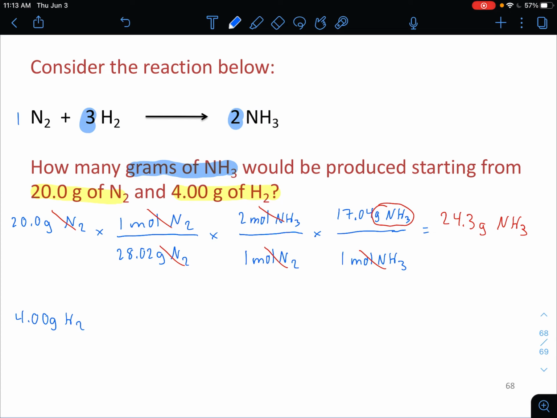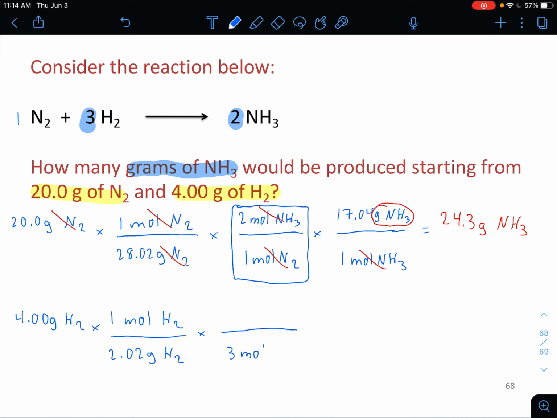And this way is convenient because it's going to deal with the coefficients in the balanced equation. Okay, 1 mole H2. That's 1.01 for each of them, so 2.02 grams H2 times, from the balanced equation, it says 3 moles H2 in, 2 moles NH3 out.